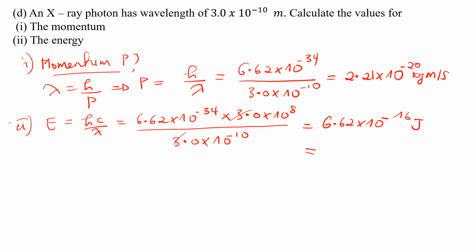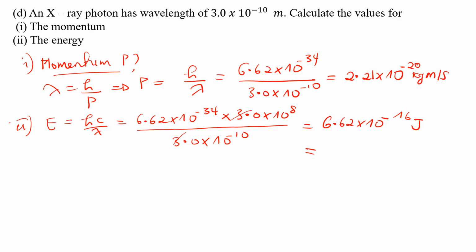That's we divide it by 1.6. That's 6.62 times 10 raised to the negative 16 divided by 1.6 times 10 raised to the negative 19.